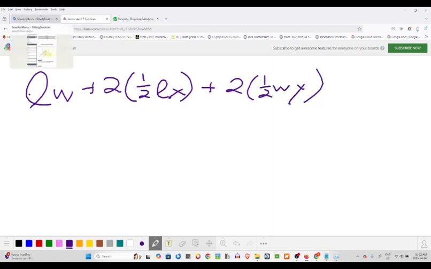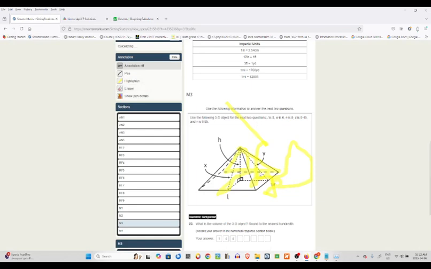Now they did us a favor by providing us with the values of X and Y. They didn't need to. We have H, right? We have our L. So we could say y is the hypotenuse of a right triangle where one side is 1/2 L, the other side is H. So in any event, they gave them to us.